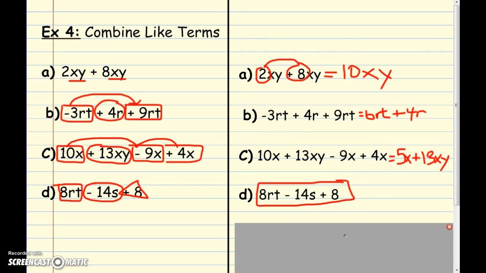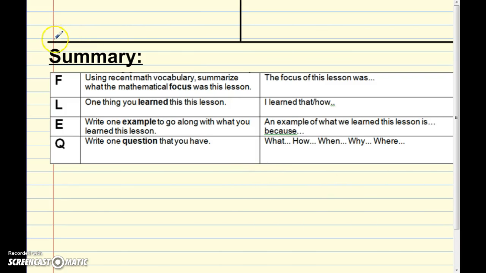Those are examples. So now what I want you to do, where you're done with your lesson, is draw a line straight across, and you're going to write your summary. One of the ways that you can help focus on your summary is to take a look at these questions or statements or sentence starters. What was the focus of this lesson? So what is it that I focused and emphasized here?